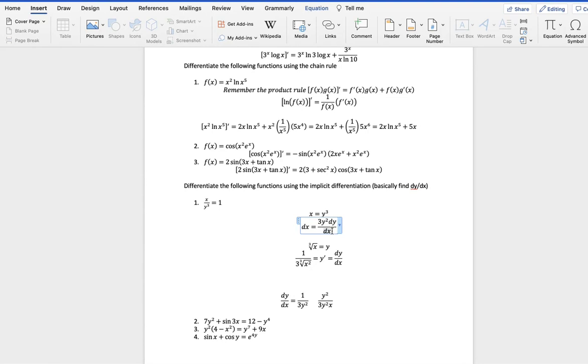So the problem is now you have two dx's. When you take it to the other side, remember, you're trying to find dy over dx, right? If you take it to the other side, what do you have? Let me simplify this.